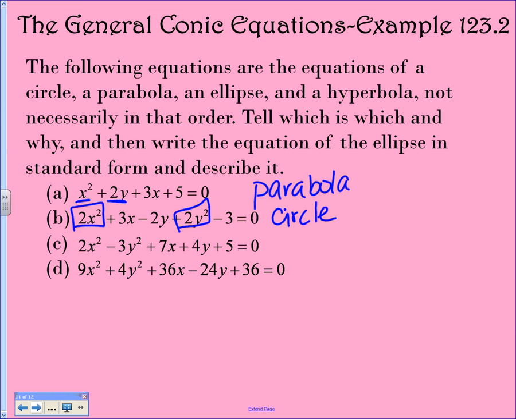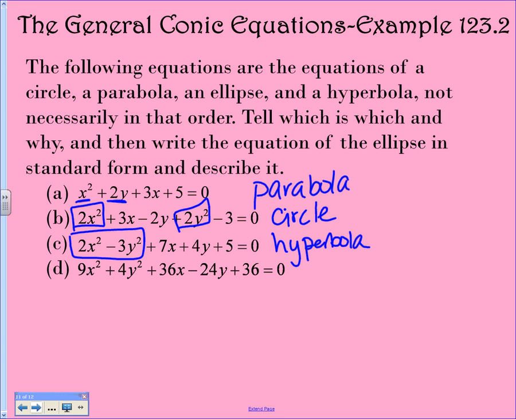Okay, looking at the next one. What numbers are we going to look at? Or what terms, I mean? We're going to look at these two right here. So, is it a hyperbola? Why? Because you got x squared minus y squared. What about this one?